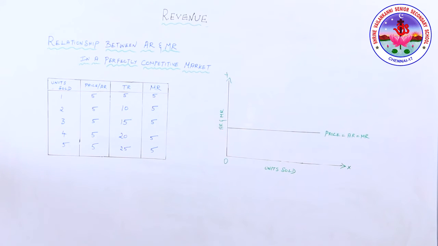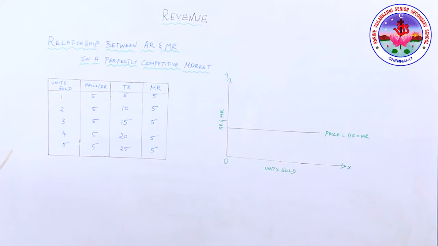Just look at this, everyone. It is denoted in the schedule as well as in the diagram. The price remains the same at all levels of output. Whatever may be the output, price remains the same. It is the case of perfect competition.